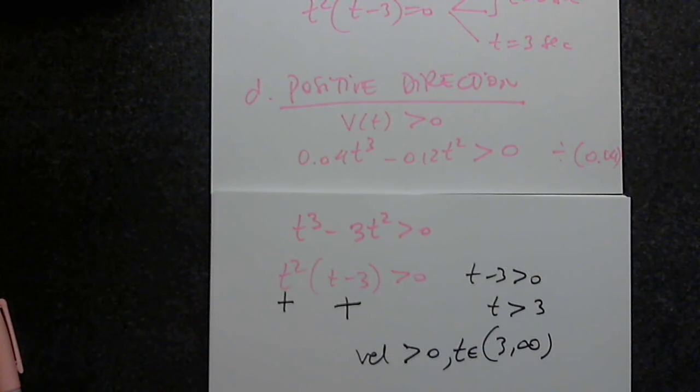So between second 0 and second 3 it goes to your left, and ever since second 3, it will always go to your right, and it will have a positive velocity. Any questions on this idea? So it's going to your left the first 3 seconds, and then forever to your right with a positive velocity.